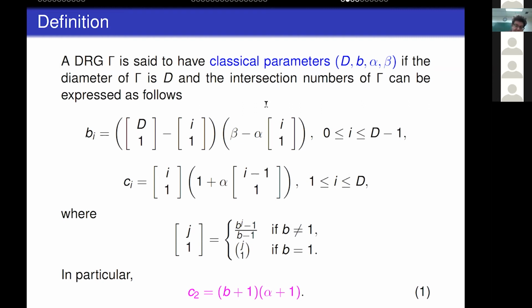I'm not going to pronounce them precisely, where j choose 1 is a Gaussian symbol, and that means it is (b^j minus 1) over (b minus 1) if b is not equal to 1, and j if b is equal to 1. If you look at c2, then you get exactly (b plus 1) times (alpha plus 1).